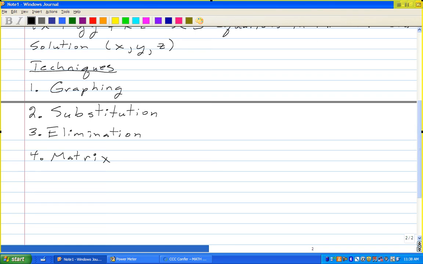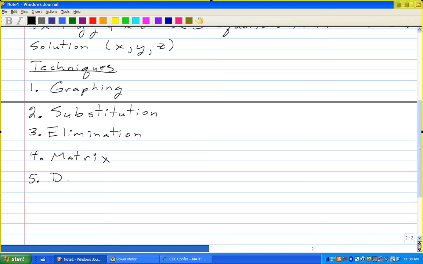And we're really not going to be doing matrix methods in this chapter. We'll give a quick little hint at what matrix methods are, but this is really more of a technique for pre-calculus and above. We probably won't actually do anything with it.